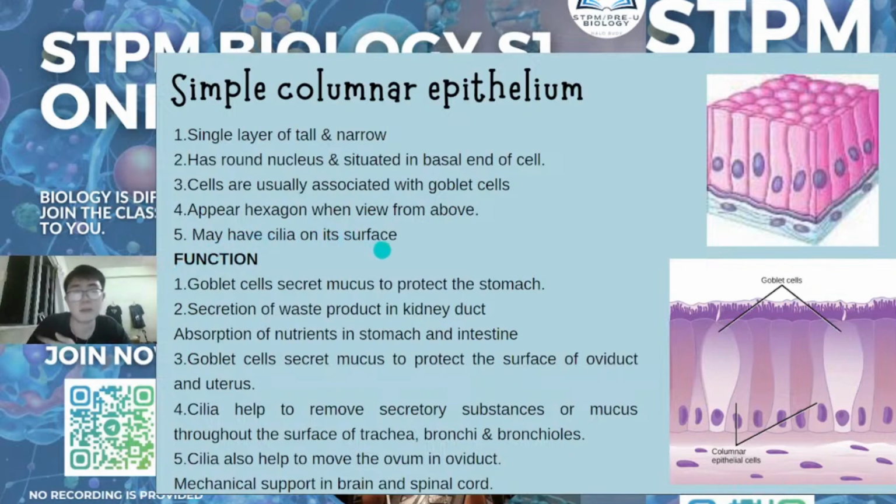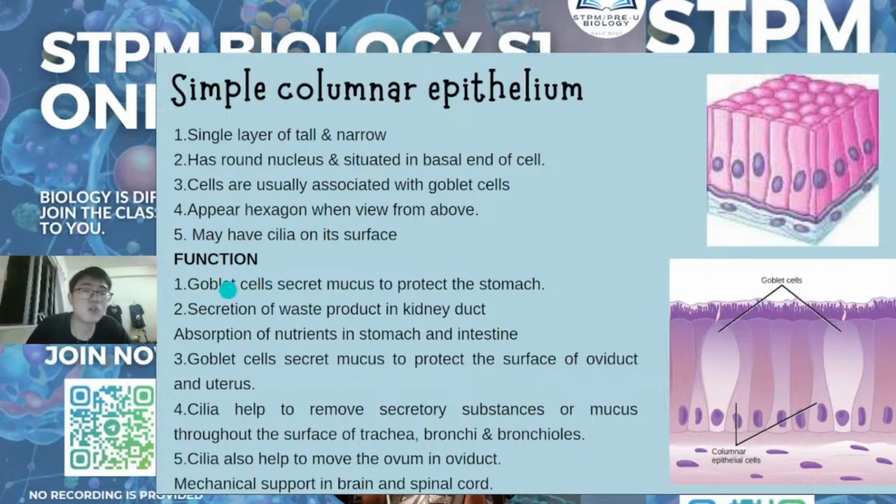Not all contain cilia, but some of them do. Cilia is the hair, you can see it. Normally this epithelial tissue can be found in our nose. Our nose contains this tissue.